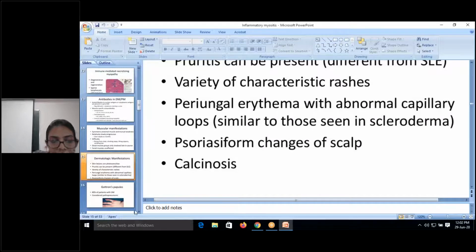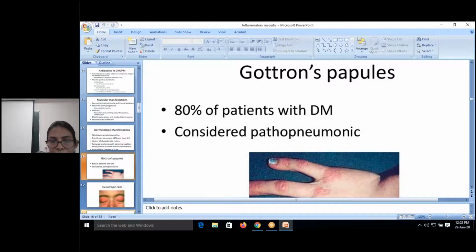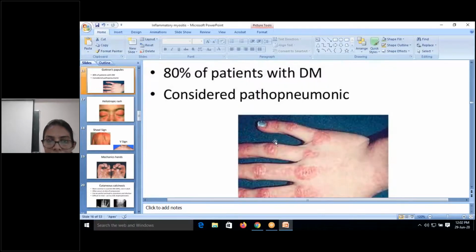like that of systemic sclerosis. See, this is the picture of Gottron's papules. Usually a dermatomyositis patient can have Gottron's papules.